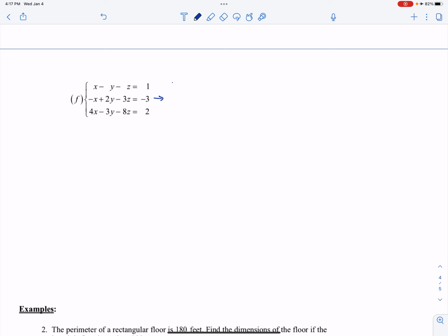So the first will stay the same, x minus y minus z equals 1. x minus x is going to be 0. 2y minus y is going to give us just a y. Negative 3z and negative z is negative 4z. And negative 3 and 1 is negative 2.